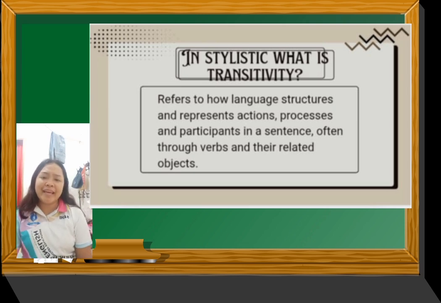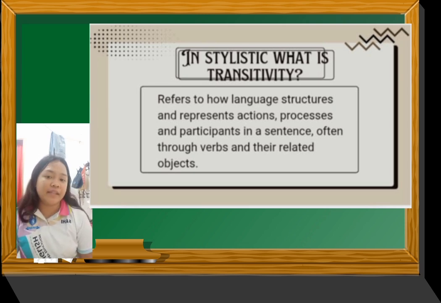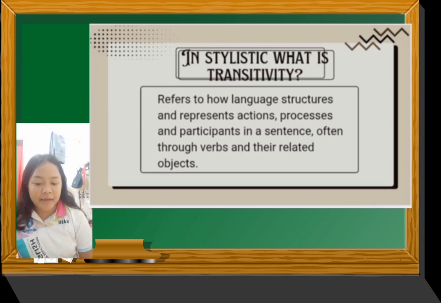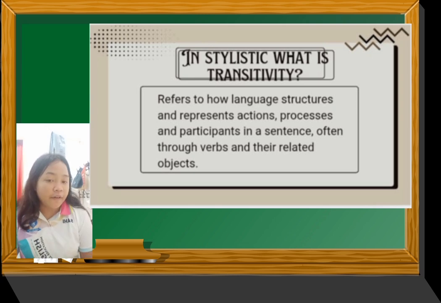So now, let's talk about transitivity. In stylistics, what is transitivity? Transitivity refers to how language structures and represents actions, processes, and participants in a sentence, often through verbs and their related objects.